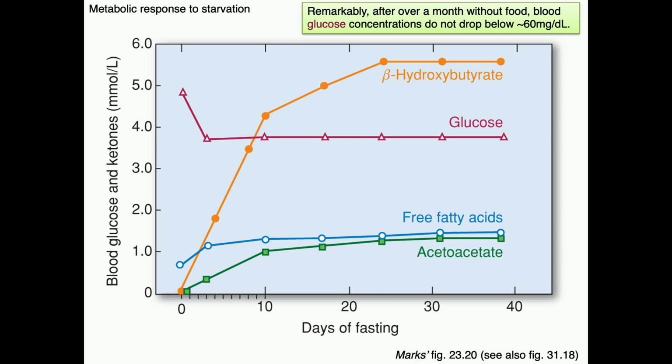Really the body is modifying its metabolism so that it can sustain that, because we know that there are certain tissues that don't have any metabolic flexibility. They can only use glucose as a fuel.